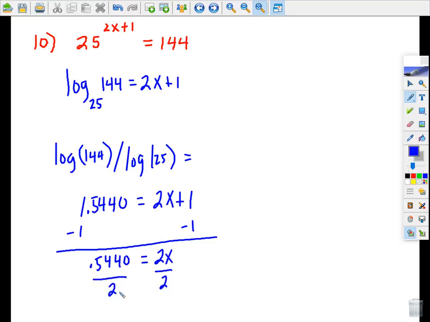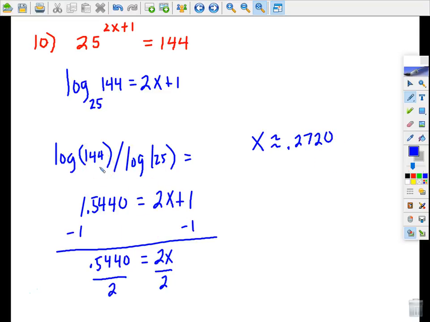All right, so just grab your calculator, 0.5440 divided by 2, and that's 0.2720. So my answer here, approximately, again, since we rounded, 0.2720.